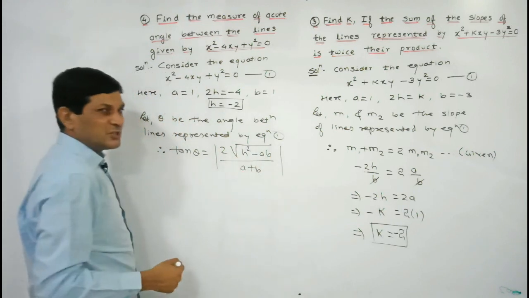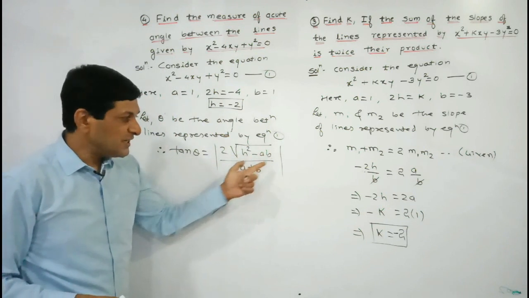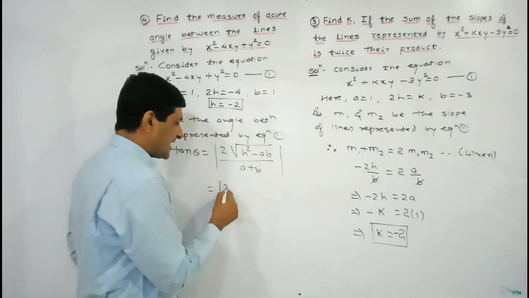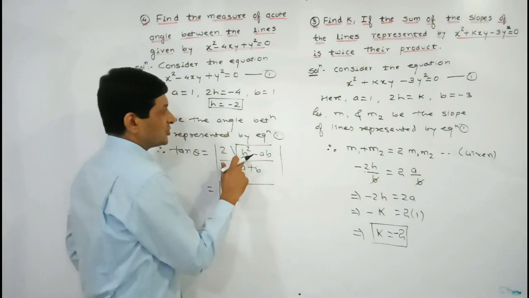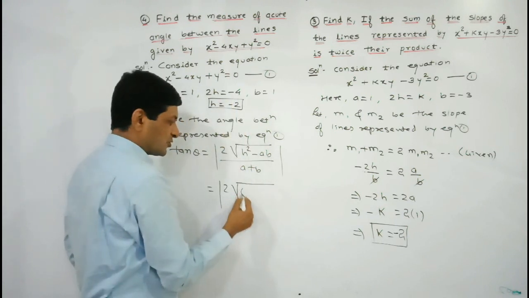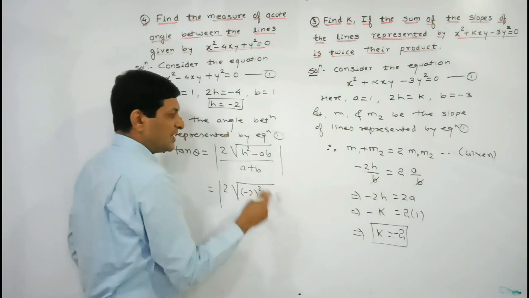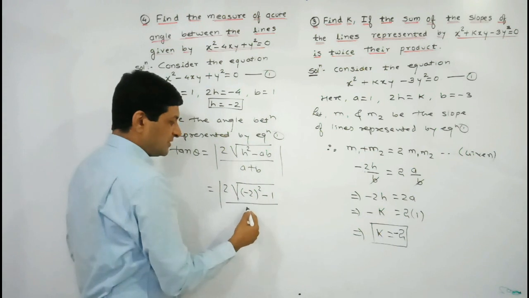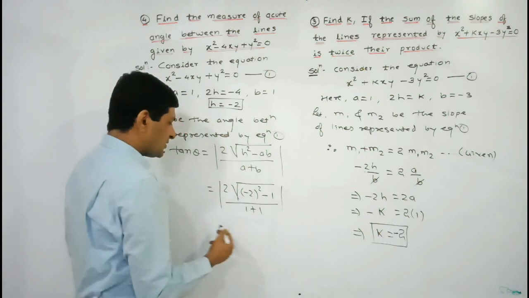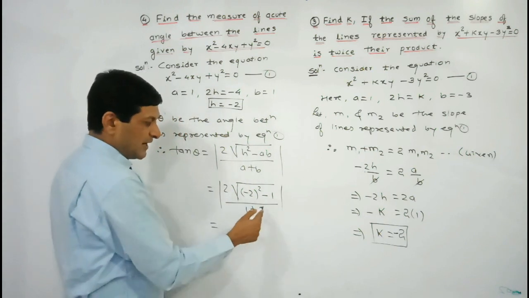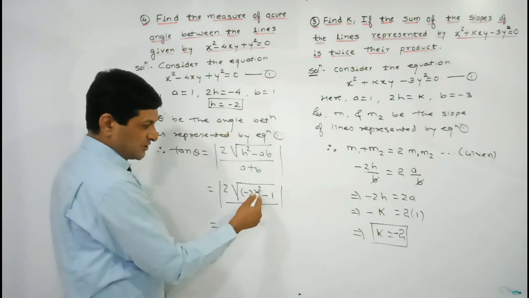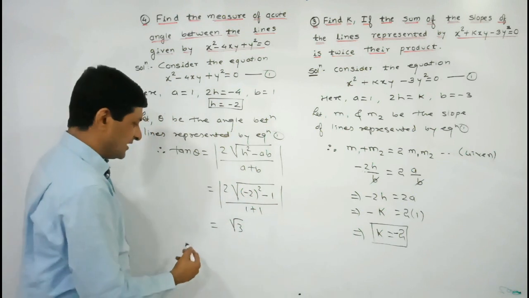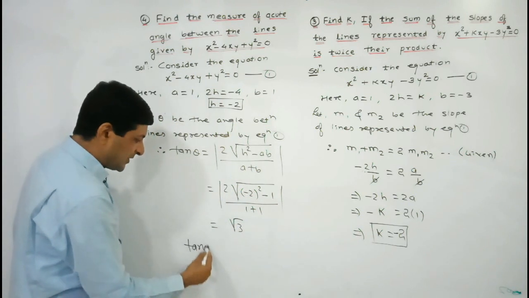The remaining part is just to substitute the values of h, a and b and find the required theta. So 2, keep it as it is, under root h gets replaced by minus 2. So here we get square of minus 2 minus ab, ab means 1 into 1 which is 1, upon a plus b means 1 plus 1. Here 2 and 2 from the denominator get cancelled. The square of minus 2 is 4, 4 minus 1 is 3. So the remaining term is 3. On this side tan theta, keep it as it is.